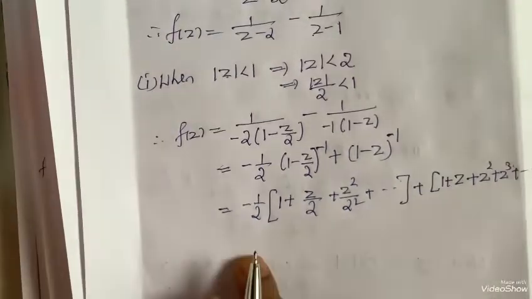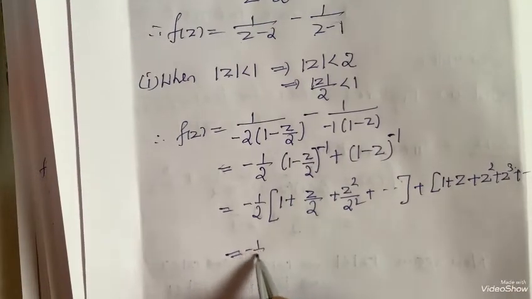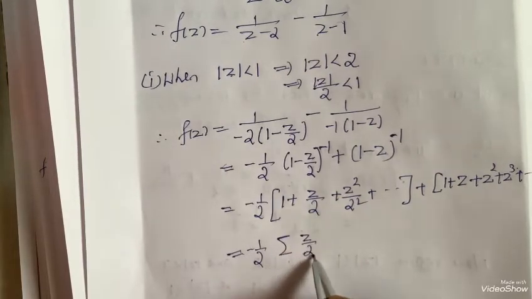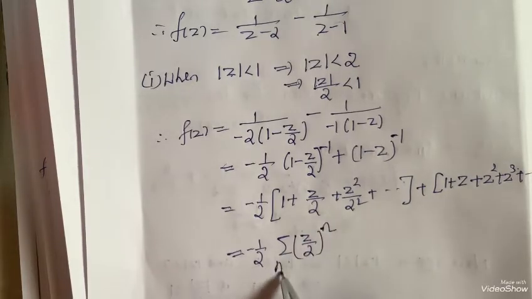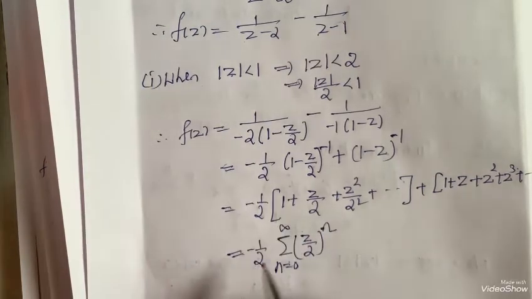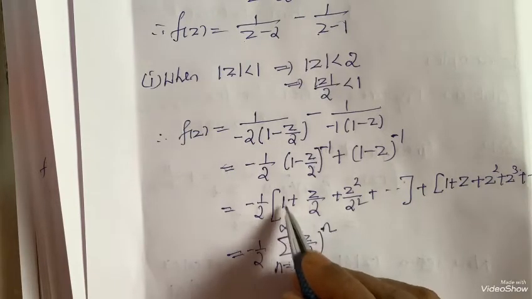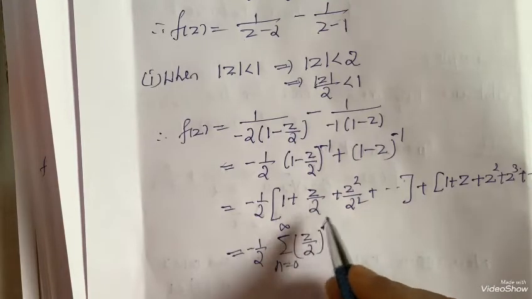It is not necessary to combine; you just write minus 1 by 2 summation of z by 2 raised to n, n from 0 to infinity, because for the first term put n equal to 0, you get 1, put n equal to 1, z by 2.